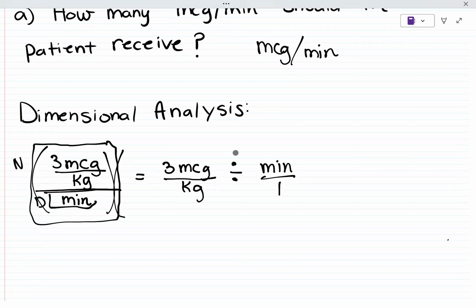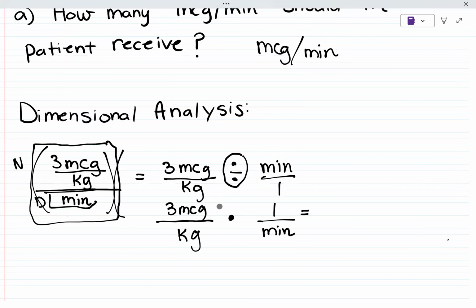You can either cross multiply or change this divide sign into a multiplication, but if you do so, you have to flip this one. This one stays the same. Then multiply across. What's 3 mcg times 1?